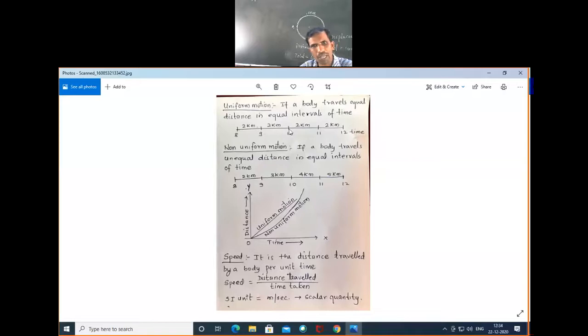For the next 2 kilometers again it takes 1 second, and again for the next 2 kilometers, 1 second, and again 1 second. So a body is traveling equal distances in equal intervals of time. If a body travels equal distances in equal intervals of time, then it is said to be uniform motion. Understood?